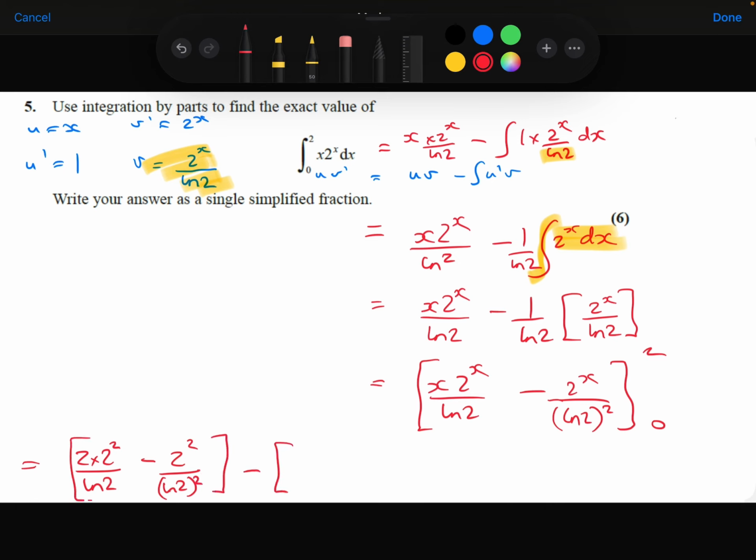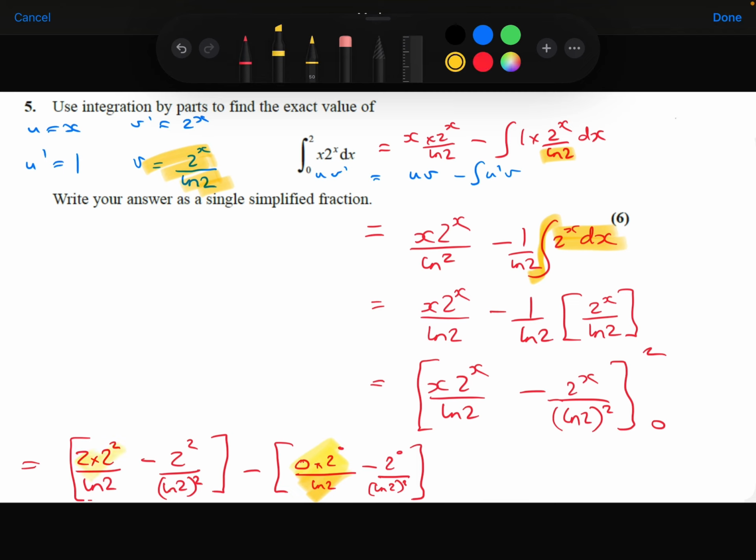Now substituting the 0 in, we'll get 0 times 2 to the power 0 over ln2 minus 2 to the power 0 over ln2 squared. Now, obviously this 0 times 2 to the power 0 is going to be 0, so we don't need to worry about that. But let's go through the rest of these.